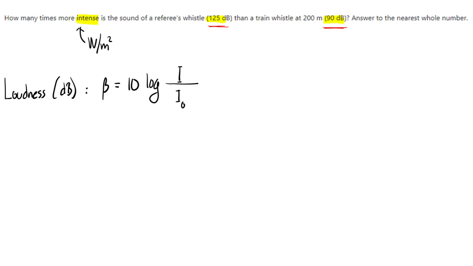Here I in the numerator refers to the sound intensity in watts per meters squared. The I naught in the denominator is a constant.